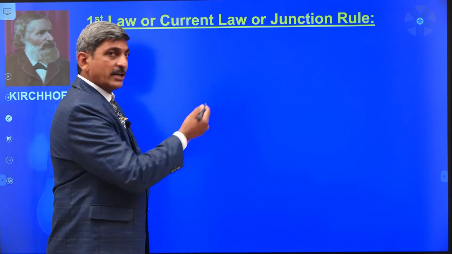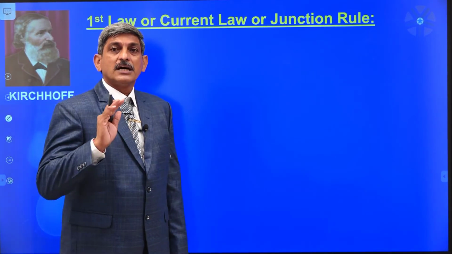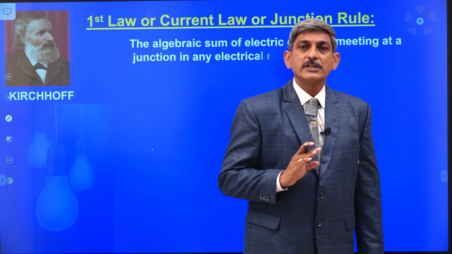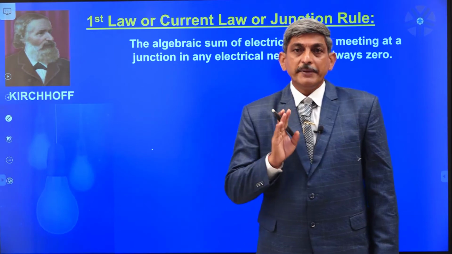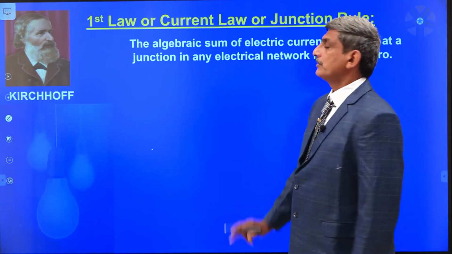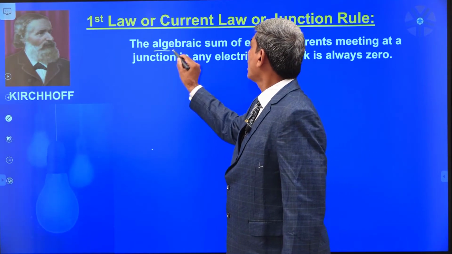In the second way, Kirchhoff's first law is stated as: the algebraic sum of the currents meeting at a junction is always equal to 0. See, I am using algebraic sum.